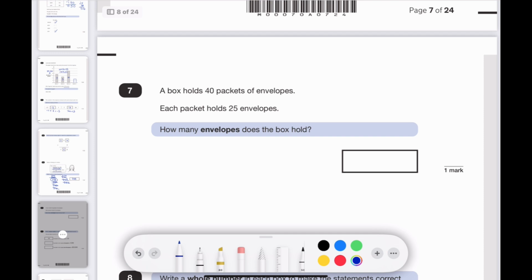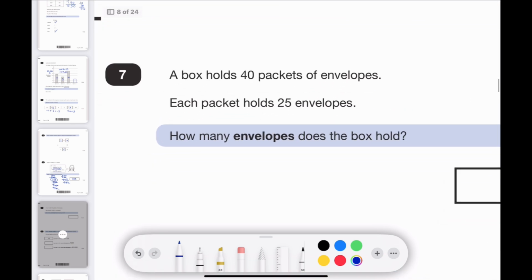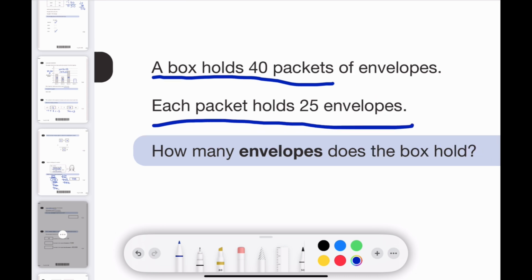Question 7. A box holds 40 packets of envelopes. Each packet holds 25 envelopes. How many envelopes does the box hold? So let's work. So we know that the box holds 40 packets and each packet holds 25 envelopes.